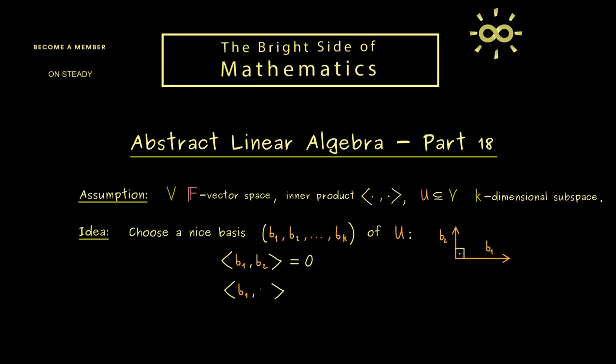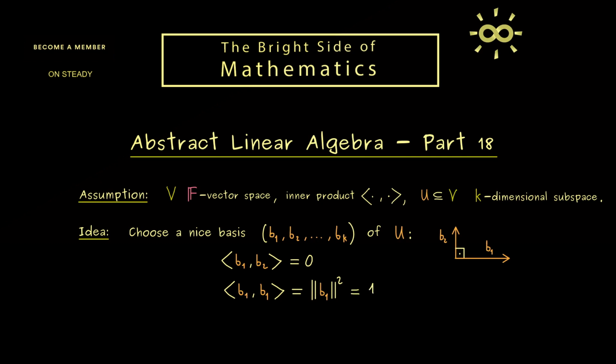On the other hand, we can also just put b1 into the inner product and then we also get out a number. In fact, we already know this number represents the length of b1 squared. Obviously, this should not be 0 because we don't want the 0 vector for the basis elements. However, it could be any other number and therefore it would be nice to choose a good number again.